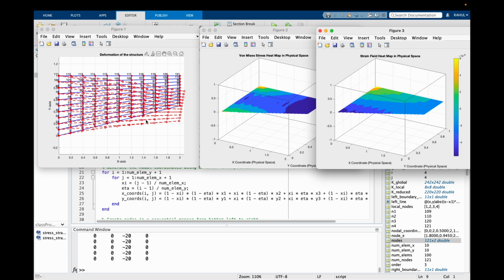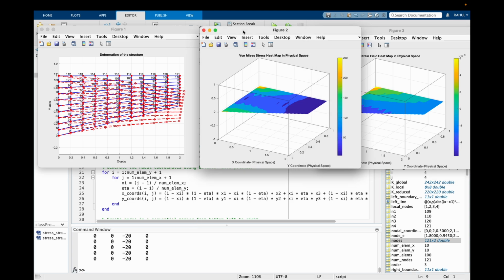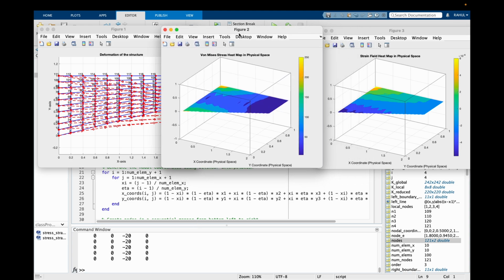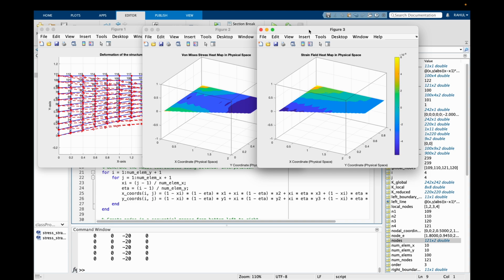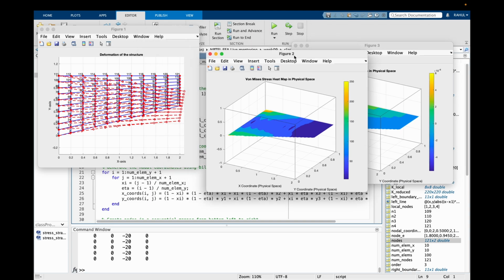You can see how the part is actually deforming. You can think of this problem as a complete finite element solution for linear elasticity.